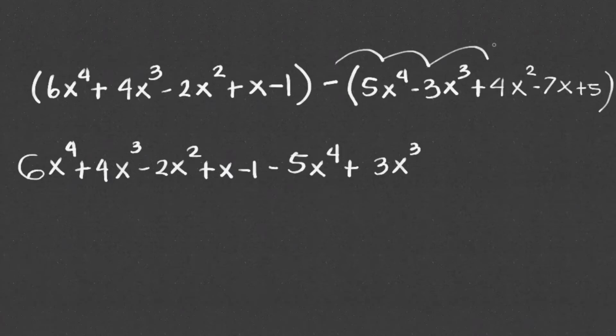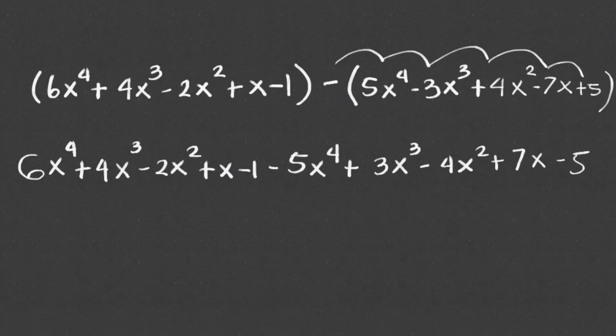Next is negative times positive 4x squared is equal to negative 4x squared. And next is negative sign times negative 7x, so negative times negative is positive. And next is negative times positive 5, so it's negative 5.